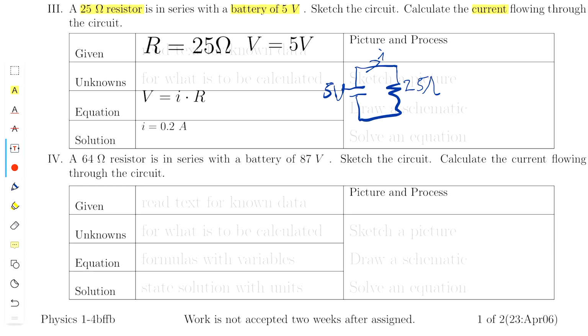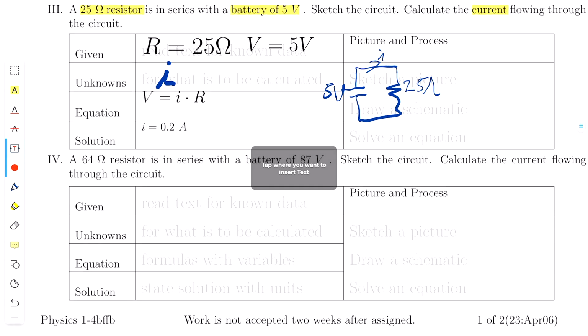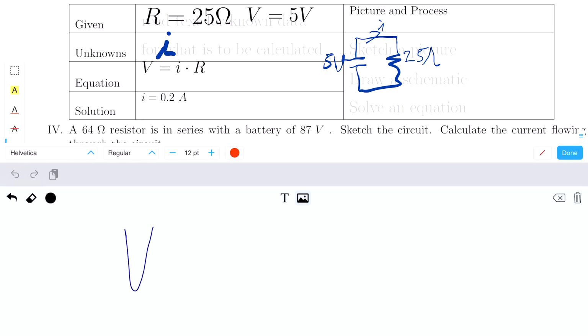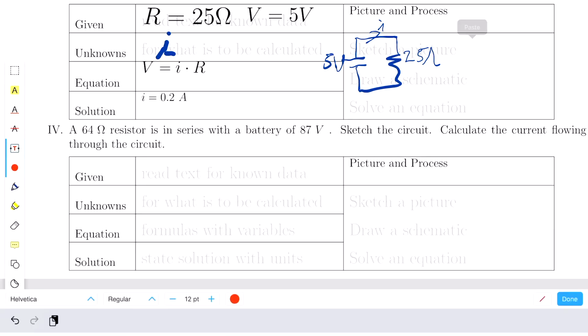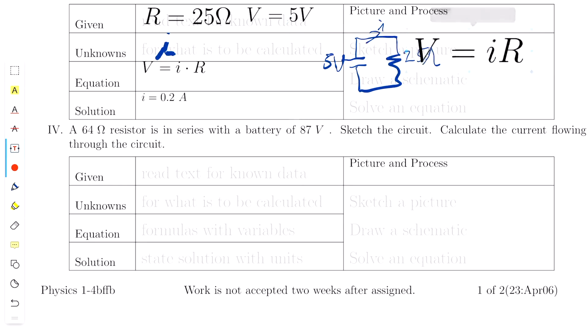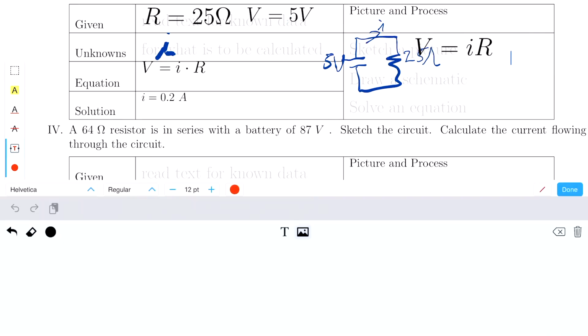And in this case, we are going to look for the current. Okay, we start off with Ohm's law. V equals IR. Now, we are solving for I, not V. So we have to make the equation say I equals.